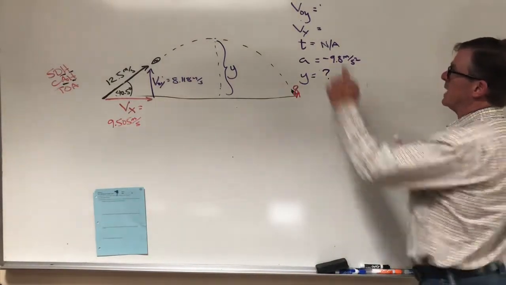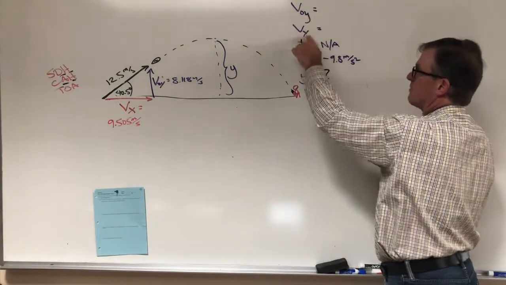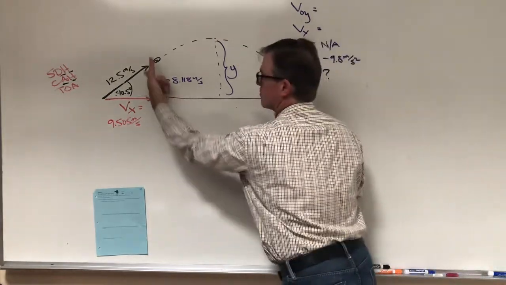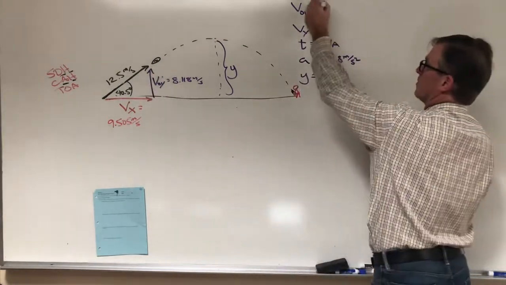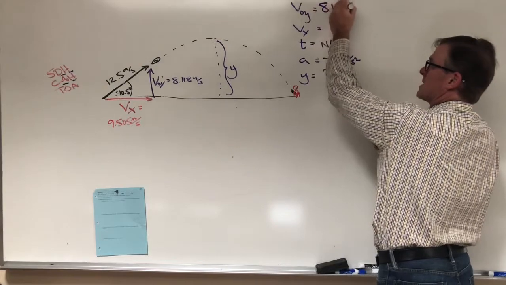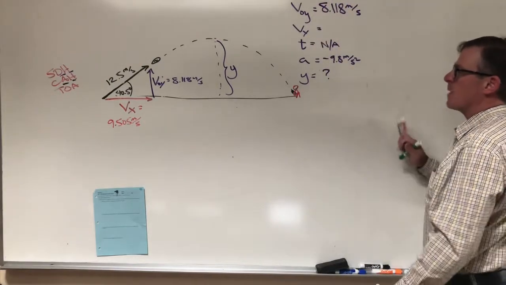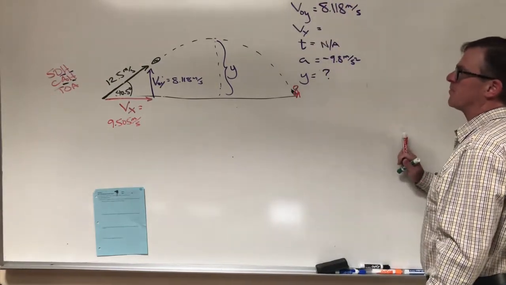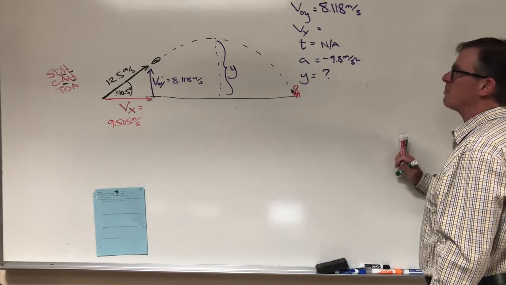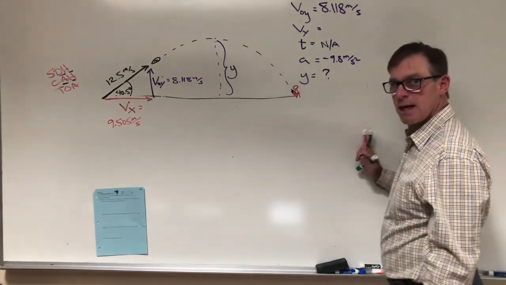Now, I need an initial vertical and a final vertical velocity. I know the initial vertical velocity was 8.112. That's a fact, that's how we started out this problem. The final y velocity, do not put in negative 8.118.